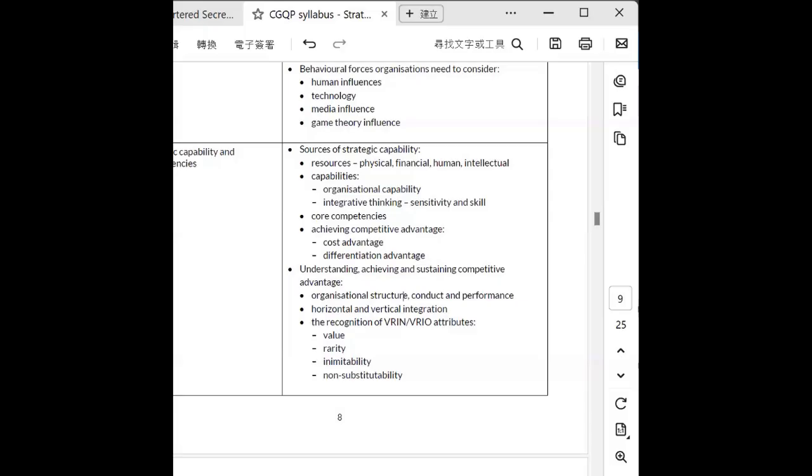Horizontal integration, vertical integration. Horizontal means acquiring or merging with competitors to increase the market share. Vertical basically means you merge with either upstream with the supplier or downstream with the distributors. This would increase your efficiency and your control.